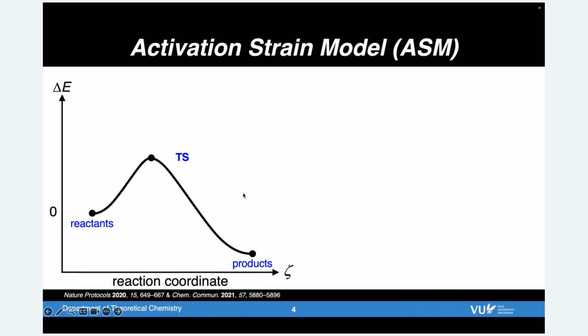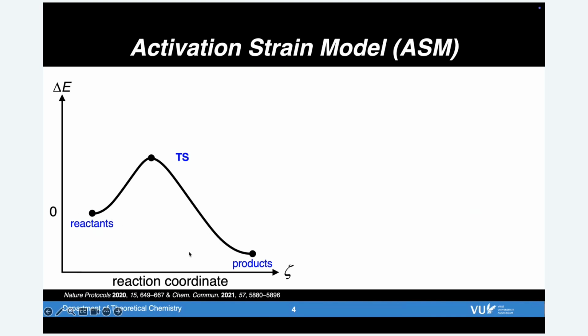So typically when you want to study a reaction using computational chemistry, you're going to go ahead and locate, using DFT or other methods, the structure and energy of your reactants.